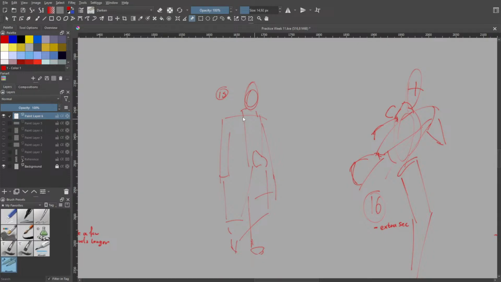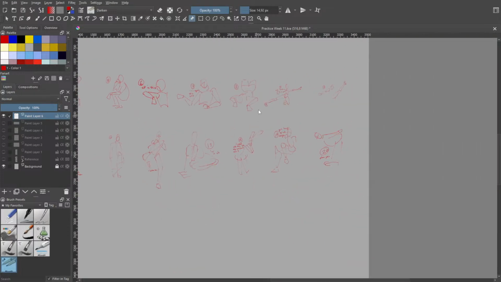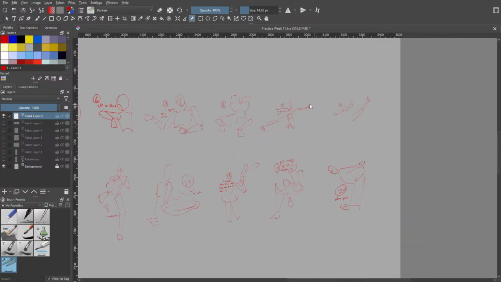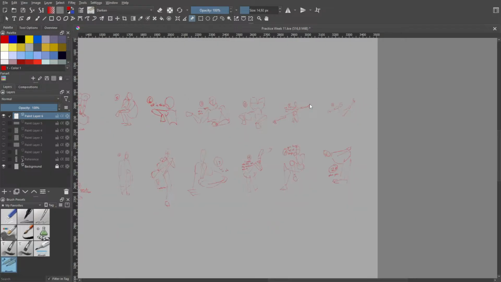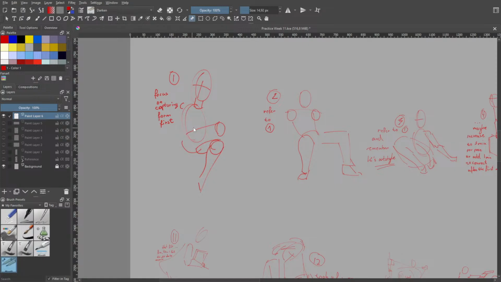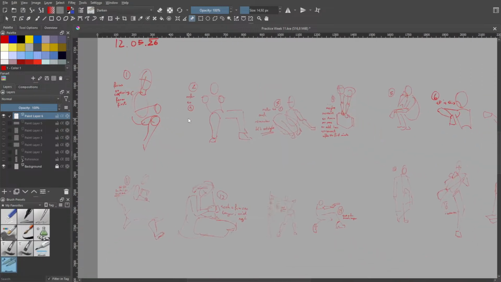Anyway, it's difficult. I'm trying to figure out a way to make this go more smoothly, and perhaps tomorrow I'll be able to actually do 60 poses in 60 minutes. We'll see. I hope the slideshow works.